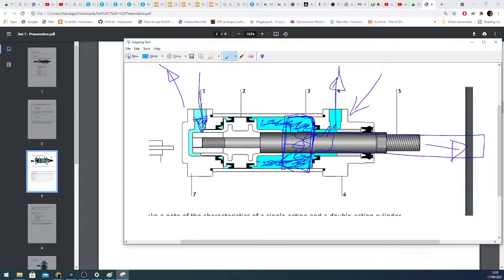But controlling it, making it move, is not the easiest, exactly for the reason that when we are putting the compressed air in from one side, we need to get it out from the other side. And we have to switch those operations around to make it move the opposite way.